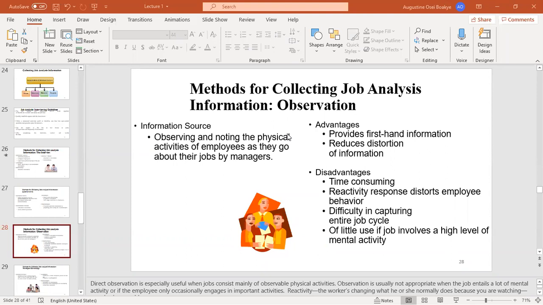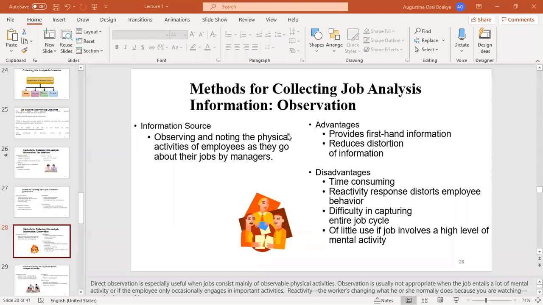Now, another challenge is that sometimes some of the things that you observe might not reflect what you think it reflects. In other words, you might not be able to understand the reasons behind the employee's behavior. So you might be looking at it and interpreting it from a third person's point of view as an observer.